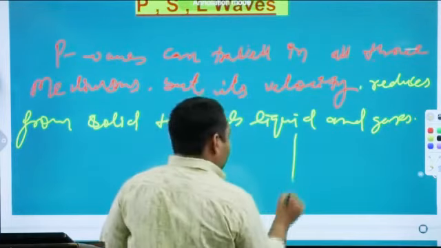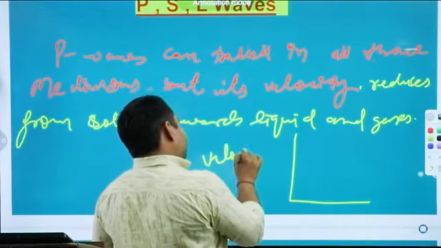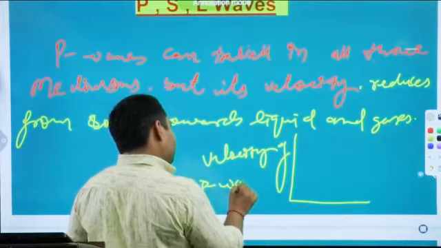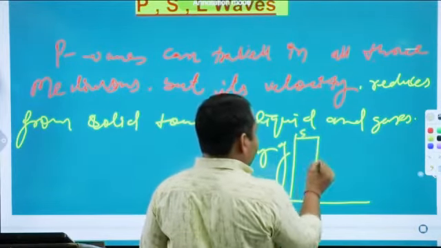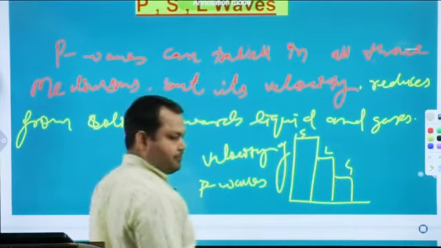We can draw a histogram here. Velocity of P waves is highest in solid material, then liquid, and finally gaseous.